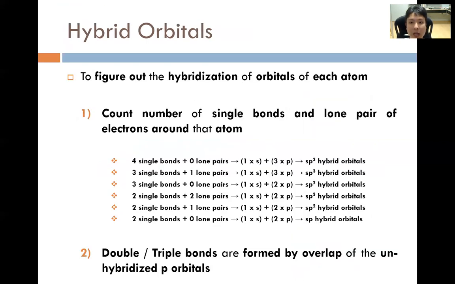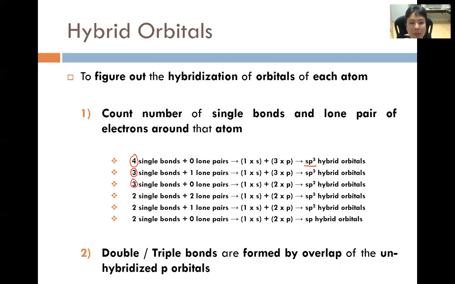Okay, so to figure out the hybridization of orbitals of each atom, we count the number of single bonds and lone pairs of electrons around the atom. If we have 4 single bonds and 0 lone pairs, it means that there are 4 electron domains around the central atom, and it's sp3 hybrid orbitals. The important thing is how many electron domains there are around the central atom.